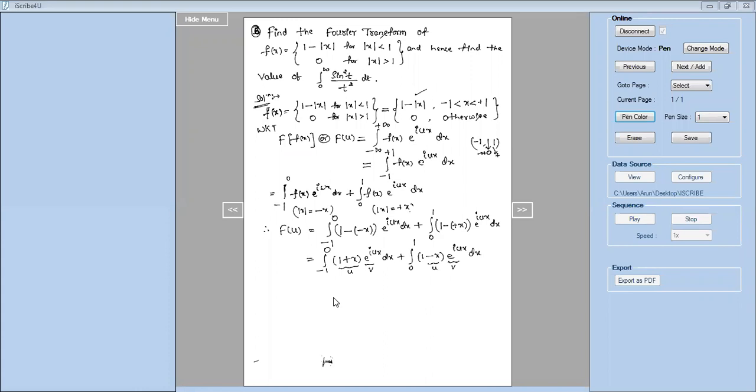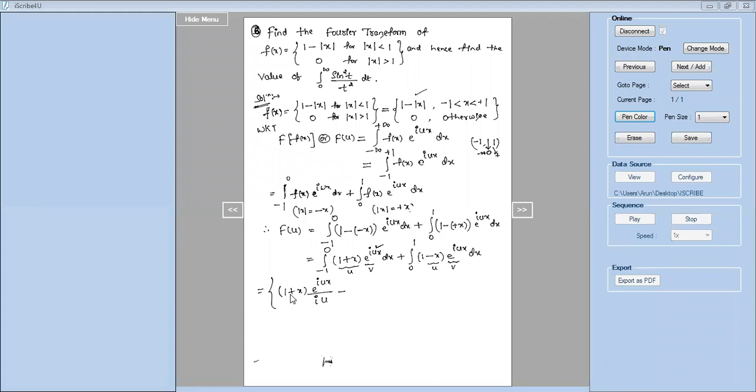So if I apply the Bernoulli's rule for this, we get, so I'll integrate the first term. Bernoulli's rule says the first term is u v1. So u means 1 plus x into v1. v1 means integration of e power iux. So integration of e power iux is e power iux by i u, first term, then minus, differentiate this, integrate this, second term will come.